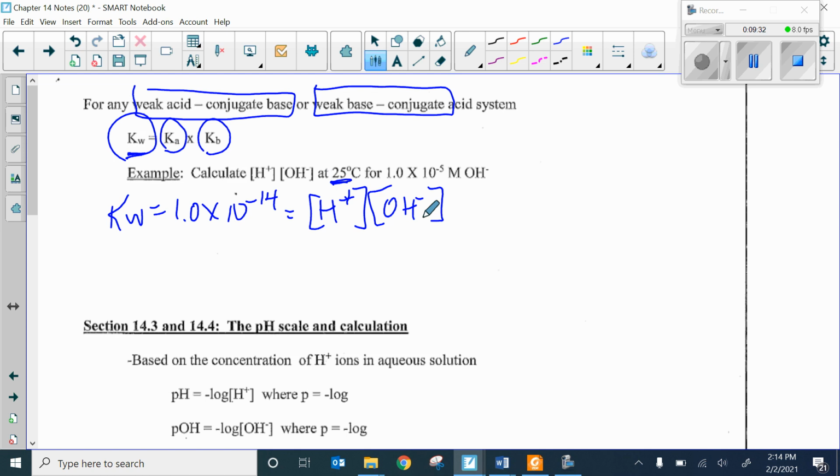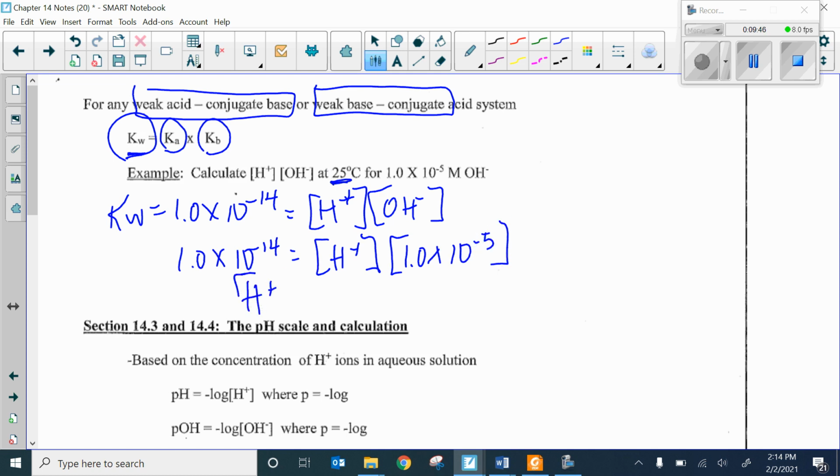Well, I can simply substitute that in. So I have 1.0 times 10 to the negative 14th. I want to know what my hydrogen ion concentration is. I'm given my hydroxide, so I can go ahead and do my algebra, and I can calculate that my hydrogen ion concentration at 25 degrees Celsius with this given hydroxide is 1.0 times 10 to the negative 9th. I should have been able to do that in my head.